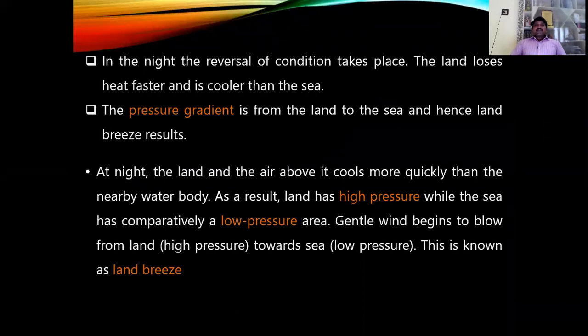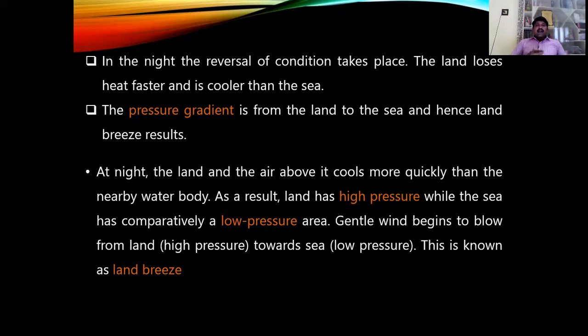During the night, the reversal of conditions takes place. The land loses heat faster and is cooler than the sea. The pressure gradient is from the land to the sea, and hence the land breeze blows. At night, the land cools more quickly than the nearby water body.